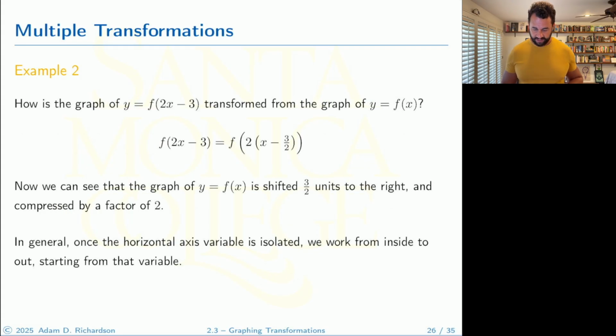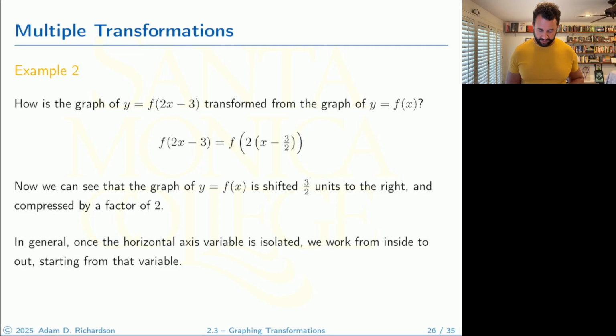Now, this is great because x is now isolated. So what's happening here is the graph of y equals f of x is being shifted 3 halves units to the right and then compressed by a factor of 2. That's what's happening. So the shift is actually 3 halves. It's not 3, it's 3 halves, because x is being shifted by 3 halves.